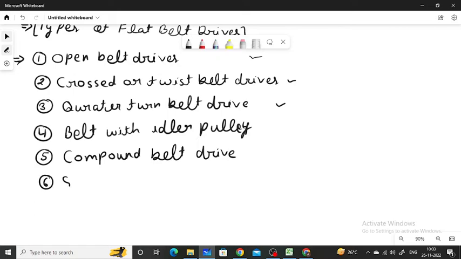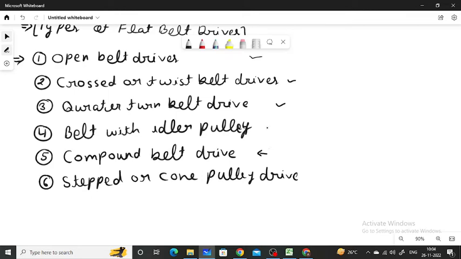Sixth type of belt drive is stepped or cone pulley drive. We have discussed in last lecture compound belt drive, belt with idler pulley, quarter turn belt drive, crossed or twist belt drive, and open belt drive.